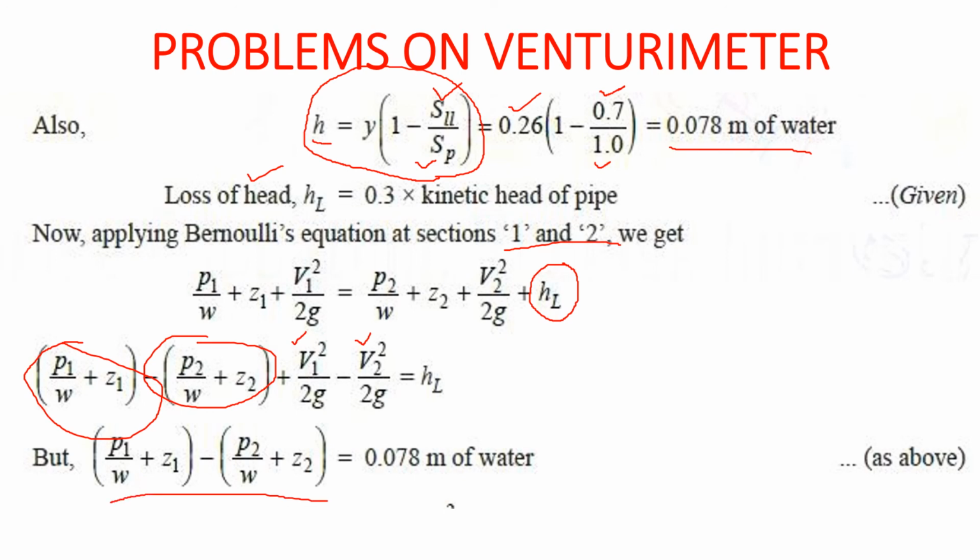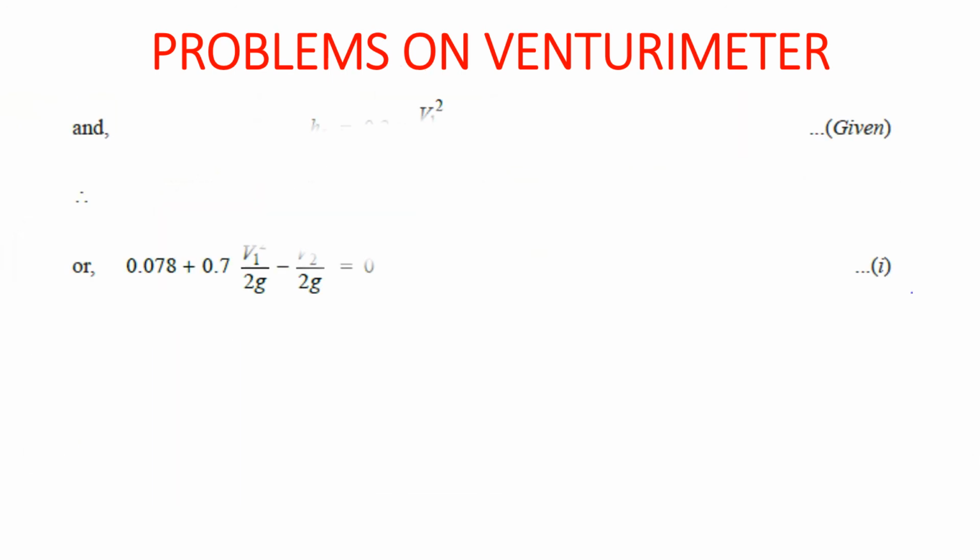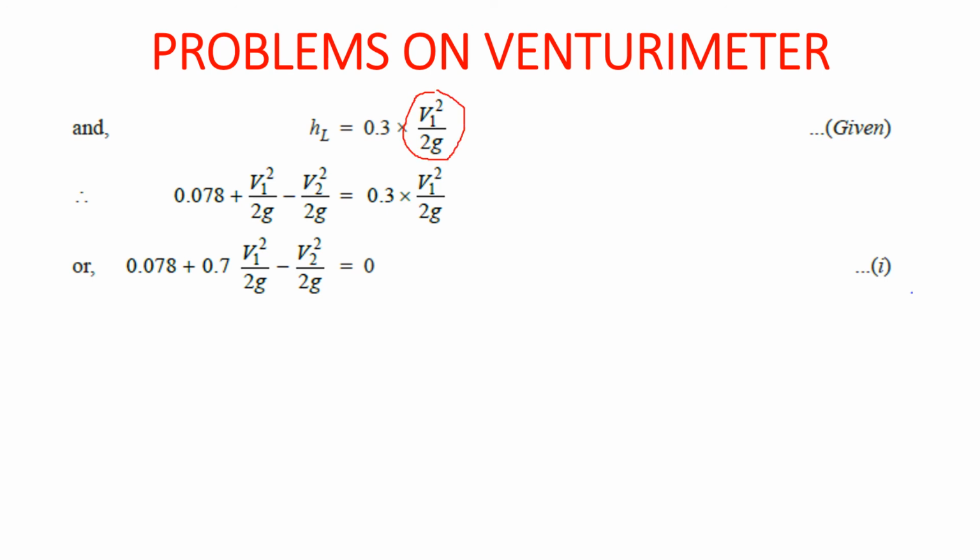This H is nothing but P1 by W plus Z1 minus P2 by W plus Z2, so we get this value as 0.078 meters of water. Then going to the final point in this problem, HL will be equal to 0.3 into V1 square by 2G, that is the kinetic head of the pipe. So this is nothing but V1 square by 2G.